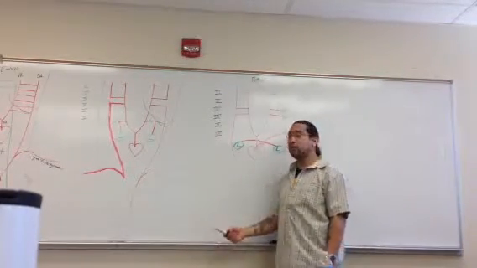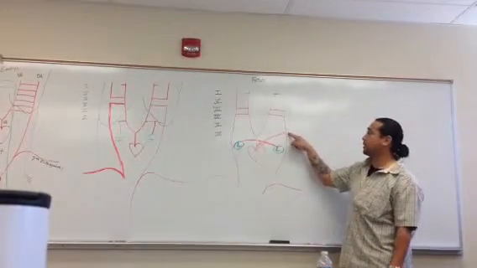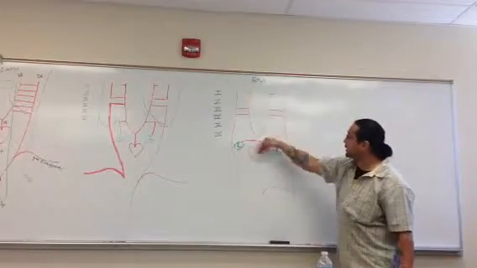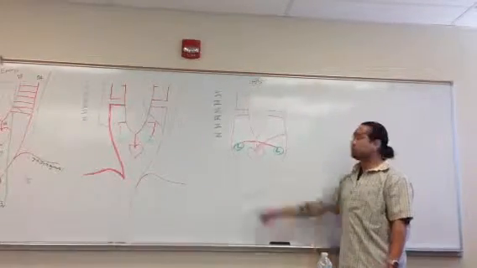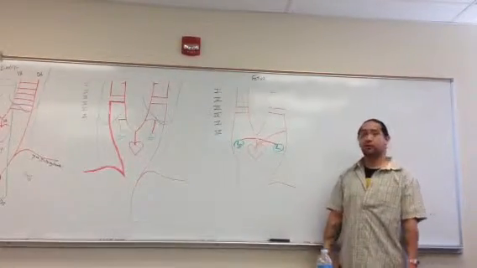There's still a connection, and that's what this is right here. So even though this got dragged down, it's still making a connection like that. Do you see the same thing on the right side? Nope, we don't have that on the right side.